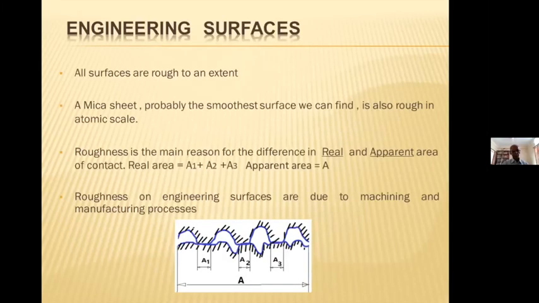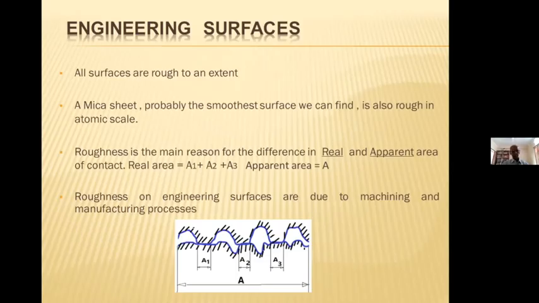Now, first thing we understand is that all surfaces are rough to some extent. They may be engineering surfaces which are machined or manufactured by some engineering machinery, or natural surfaces. As I say, they are never smooth. They will always be rough to some extent.